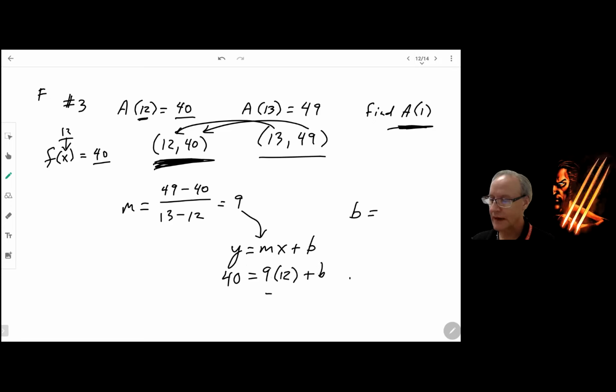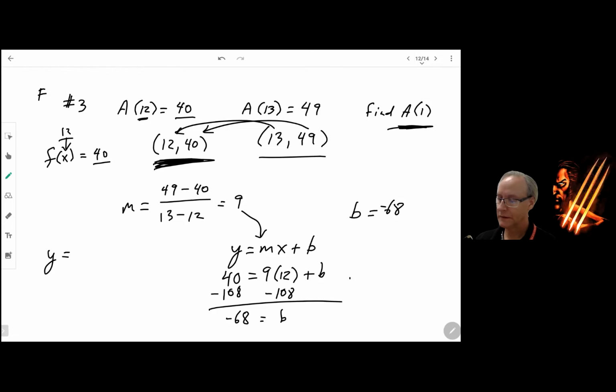Well, 9 times 12 is 108, and when I subtract that from both sides, I get b is equal to negative 68. So my equation for these two is y equals 9x minus 68.